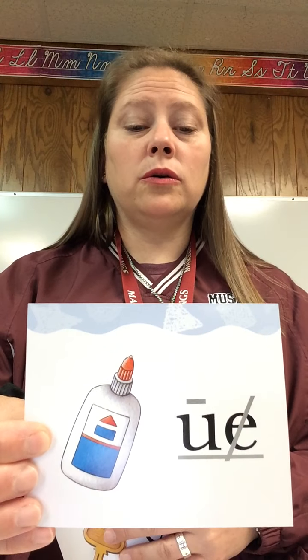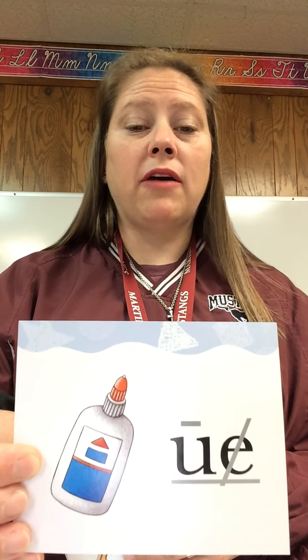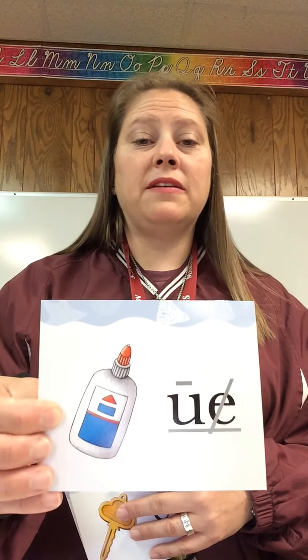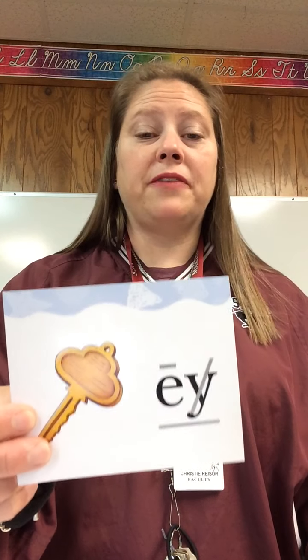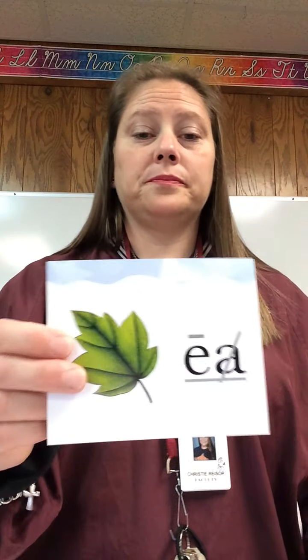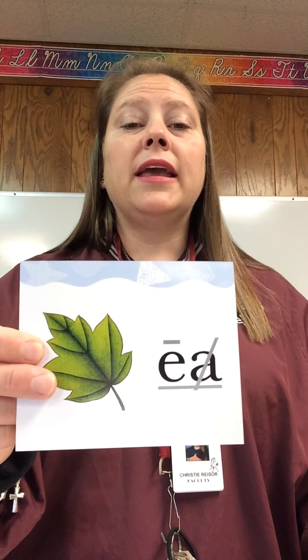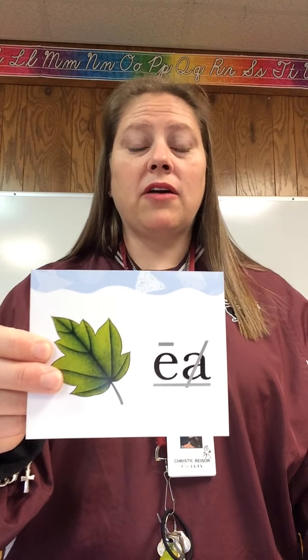Glue, UE digraph, and it's usually found in the final position of a word. Key, EY digraph, usually found in the final position of a word. Leaf, EA digraph, and this one can be found in any position.